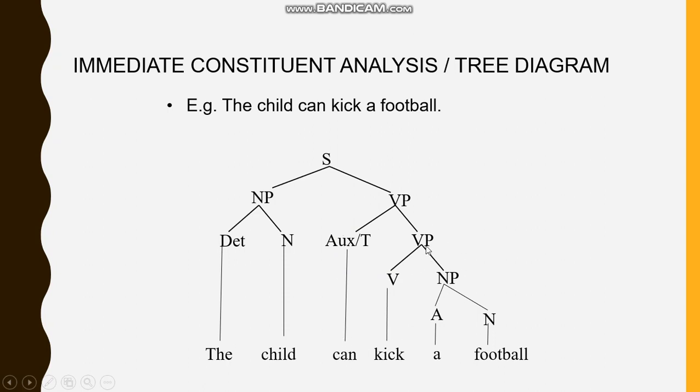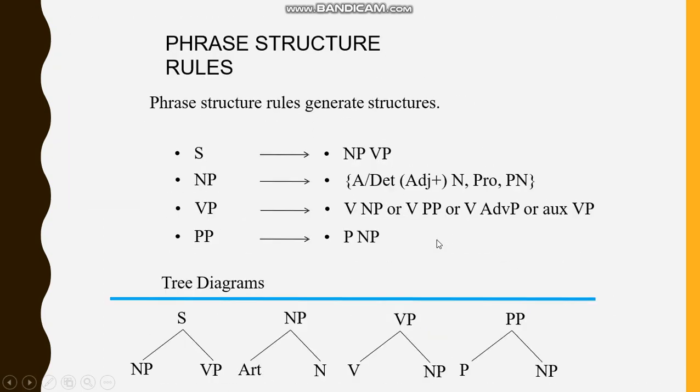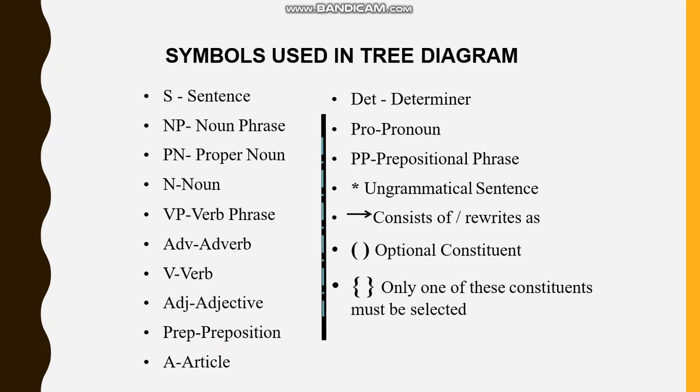And then we have a verb phrase consisting of verb phrase and noun phrase. The verb phrase is the verb kick, and then the noun phrase consists of article and noun: a football. Once you do this analysis, you have to remember the previous rules and the symbols here.